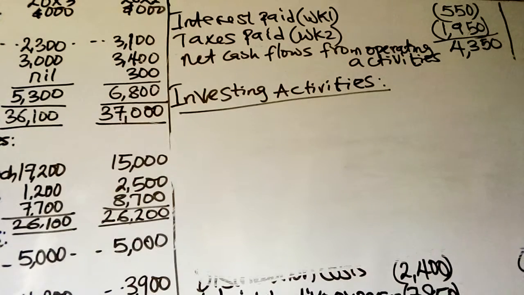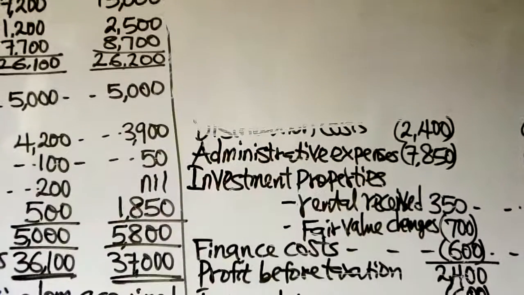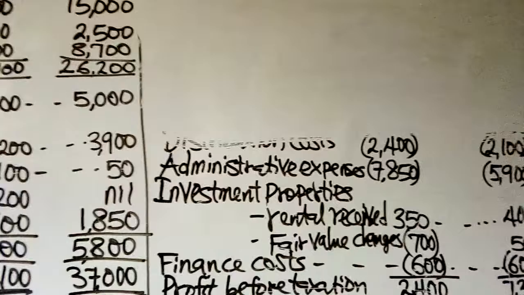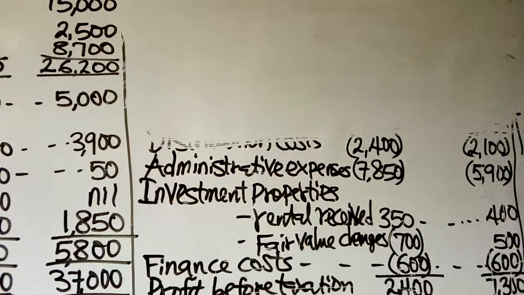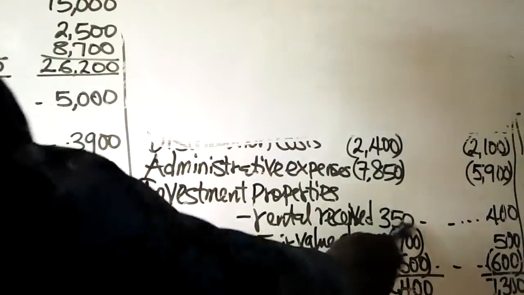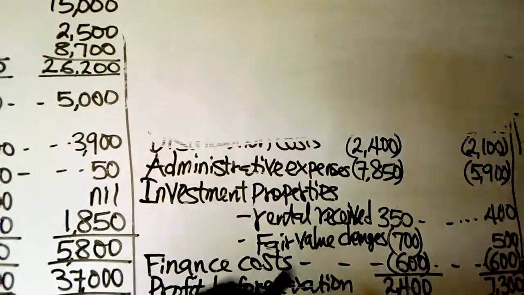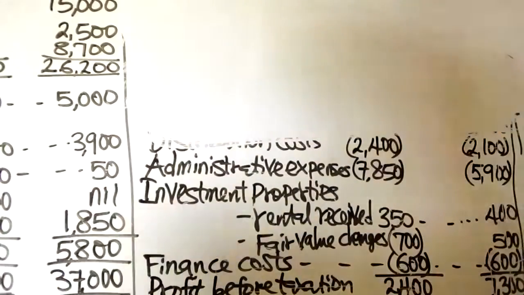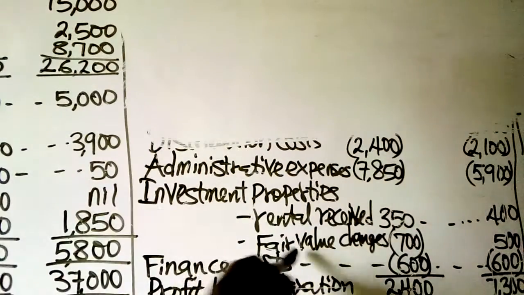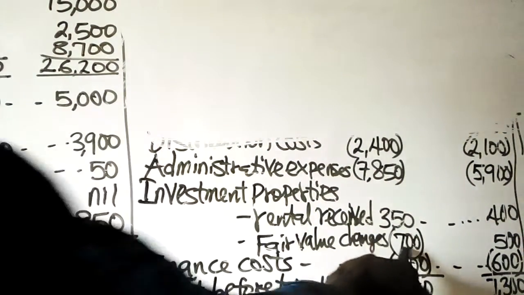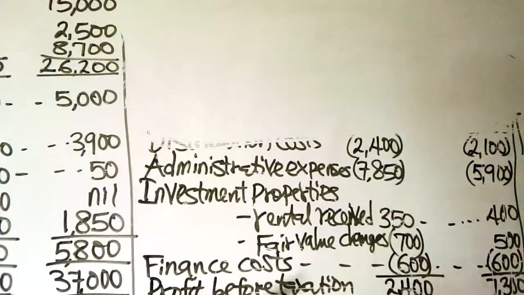Now, in the statement of profit or loss, we have investment properties. I've told you that investment property is a non-current asset, where you have rental receipt. This is the amount received, so that is investing activities. Fair value does not involve cash flows, so that is why we are not going to include the fair value of $700 as investing activities.